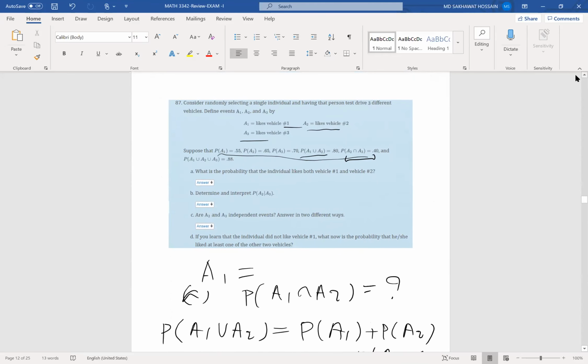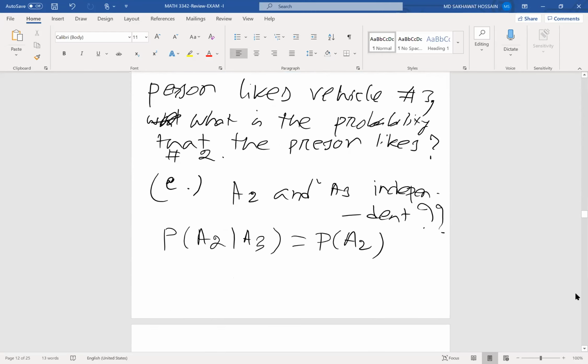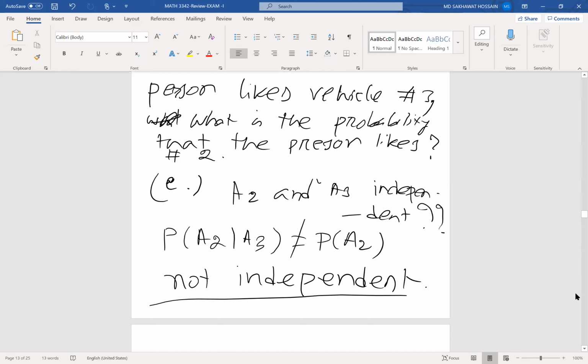The probability of A2 is 0.65. So they are not the same. So that means A2 and A3 are not independent, because the probability of A2 is 0.65 and this one is 0.571.